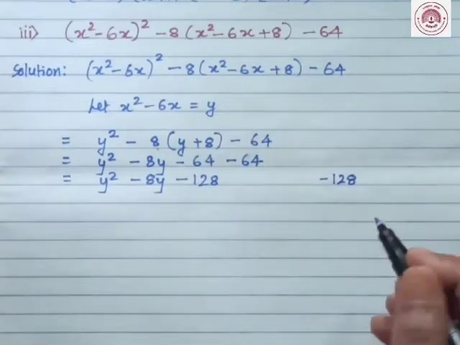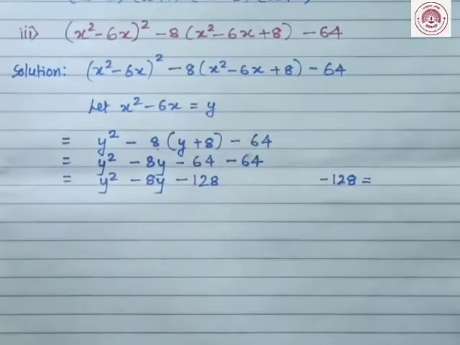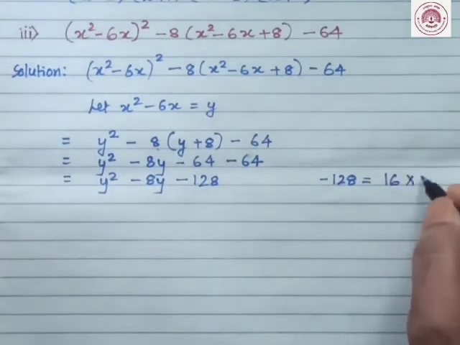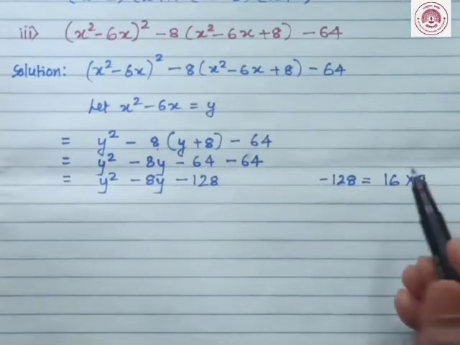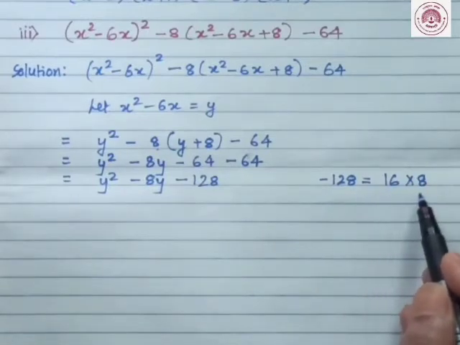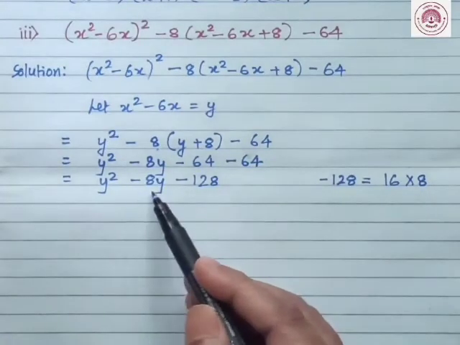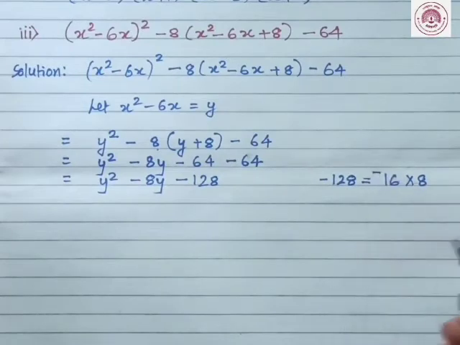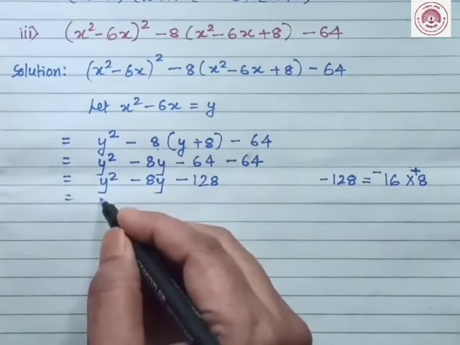So what are the factors of 128? Now the factors of 128 are 16 multiplied by 8. Here 16 multiplied by 8 is 128 and 16 − 8 is 8. Okay, but we want −8. So therefore the greater number should carry a negative sign and the smaller number will carry a positive sign.